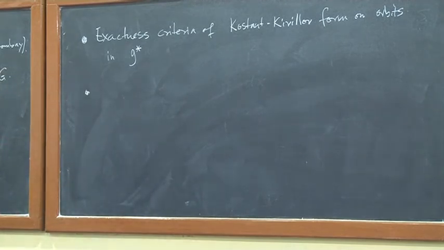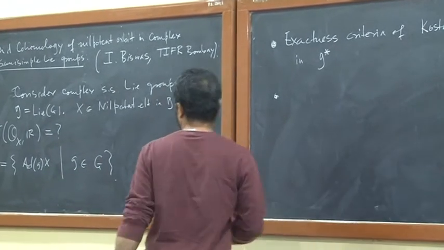And what does O_X mean? O_X means the orbit of X, that is, g X for g in G. So this is my manifold, and this is the second de Rham cohomology of this.